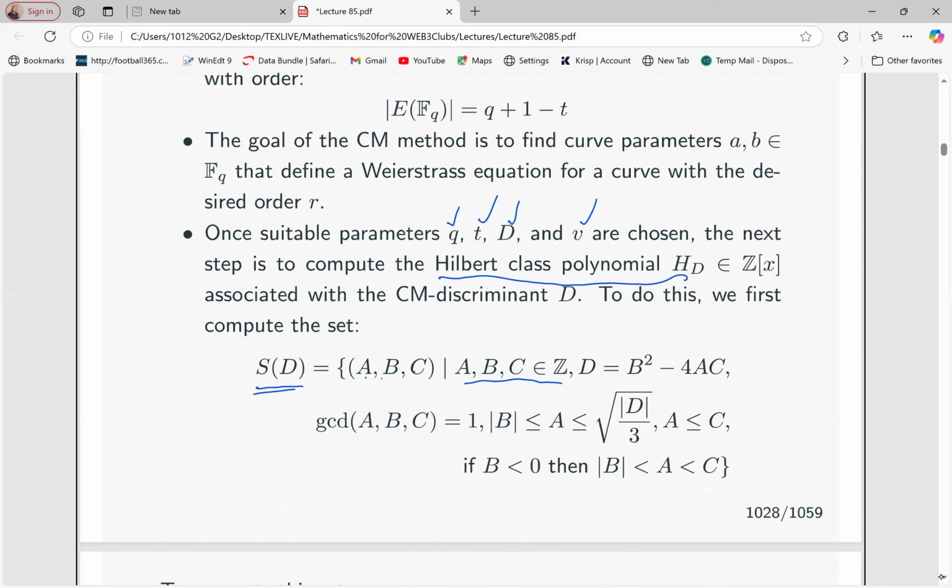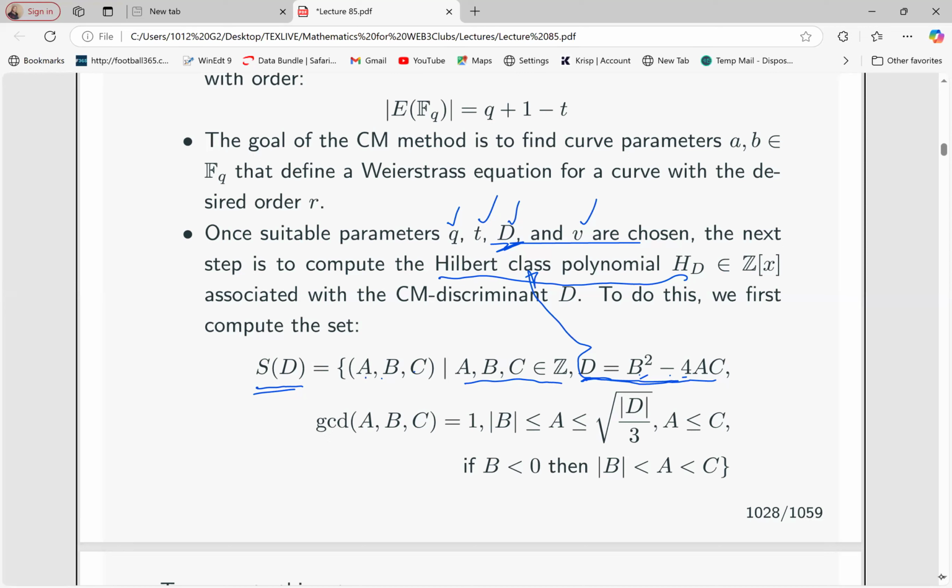They must meet some conditions. The D we just calculated above must equal B squared minus 4AC. So those A, B, C that you choose must meet this condition: if you square B and subtract from it 4AC, it will give you the D you got above.